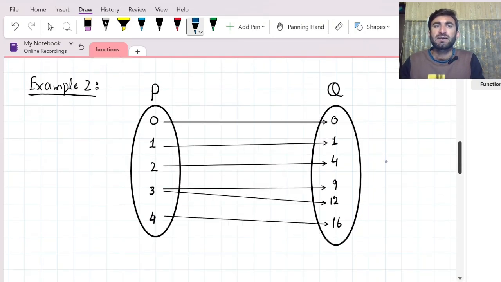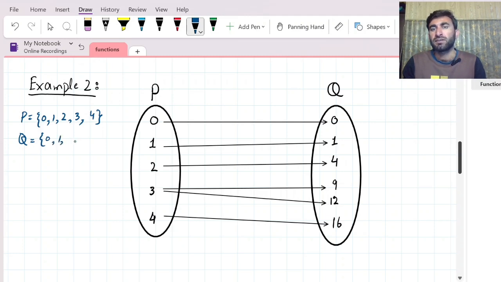We have an example where the set P comprise of elements 0, 1, 2, 3 and 4, while the set Q have elements 0, 1, 4, 9, 12 and 16. Now let's check if it is a function or not. We can see that 0 is mapped onto 0.